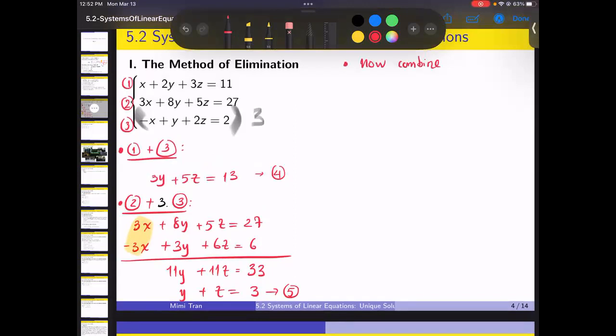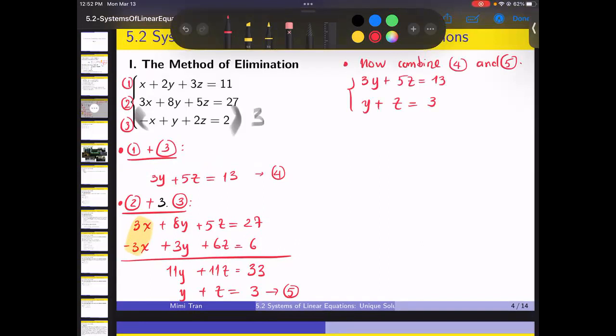Now combine 4 and 5. So I have 3y plus 5z equal 13. And then y plus z equal 3. Now 2 by 2, you guys know how to solve for that.